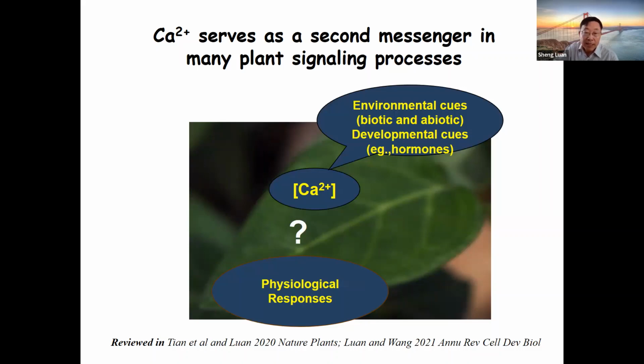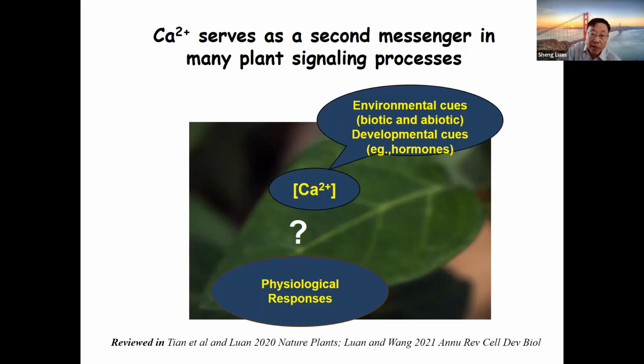So the first thing very often plant cells do is to change the calcium levels in the cell. And that calcium signal then is very often required and sufficient. That's how you define a signal messenger, right? Not only required, but also sufficient to induce downstream physiological responses.